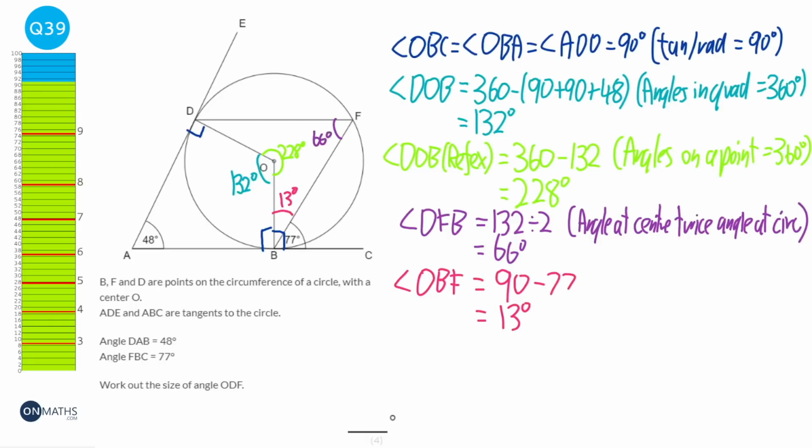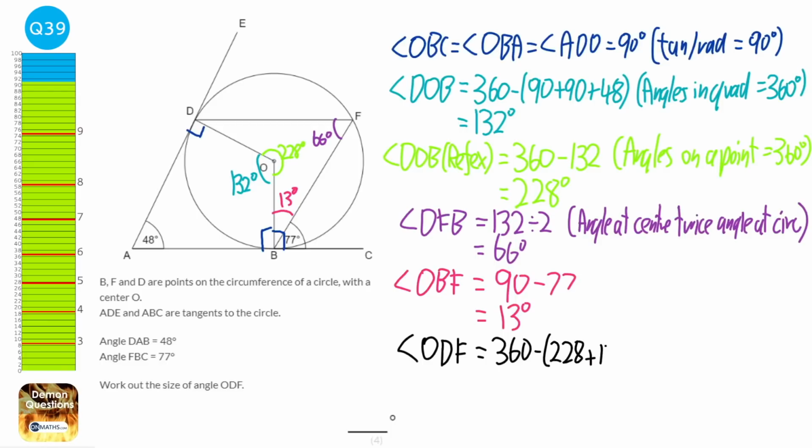And the final thing really here is that we've got a quadrilateral here, kind of arrowhead. And we've got 3 of the angles, 1, 2, 3, and we're looking for the third one. So angle ODF is going to be 360, take away all the angles that we know, so the 228, the 13, and the 66.